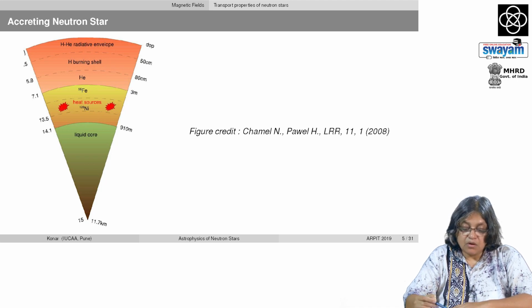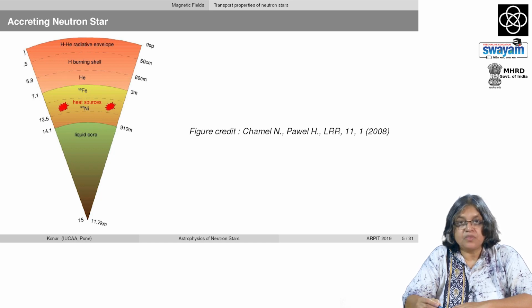Now, one has to remember that this region where hydrogen burning etc. is going on is very shallow. You see the numbers here, it is between 50 centimeter and 80 centimeter.